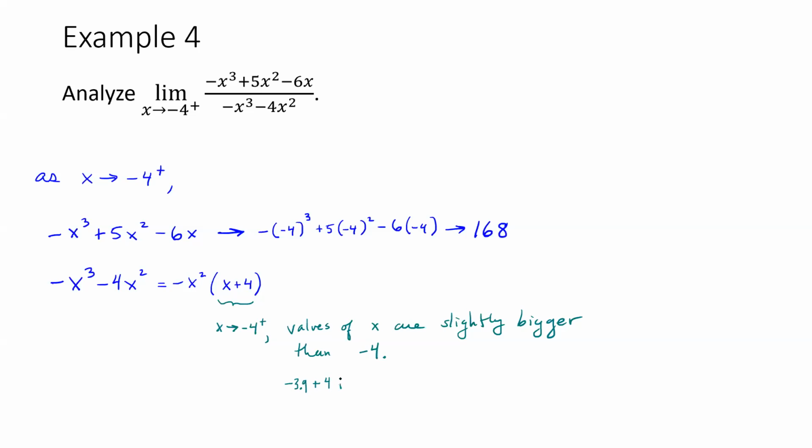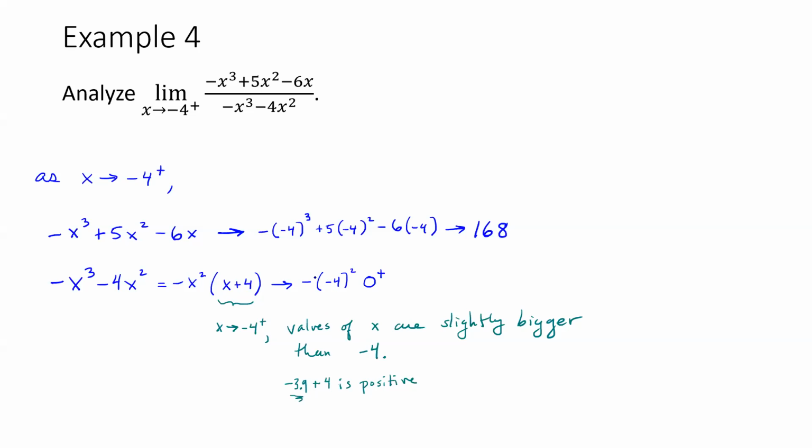Notice this is a positive value. As this value gets closer and closer to negative 4, it's always going to be positive, but it's going to get closer to 0. So with that in mind, this is going to approach a negative number, because I've got negative times negative 4 squared, and then times something approaching 0 from the positive side.